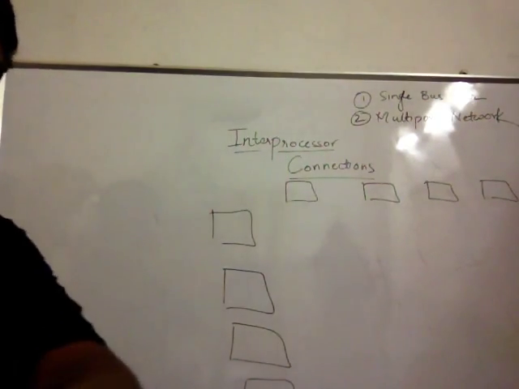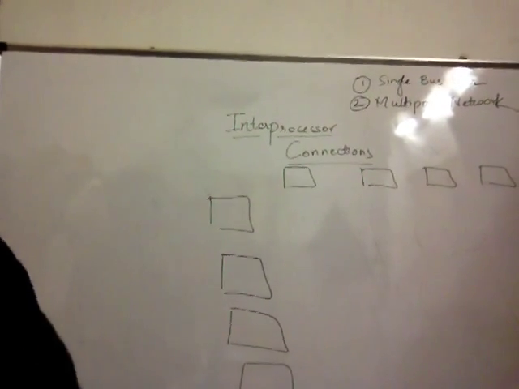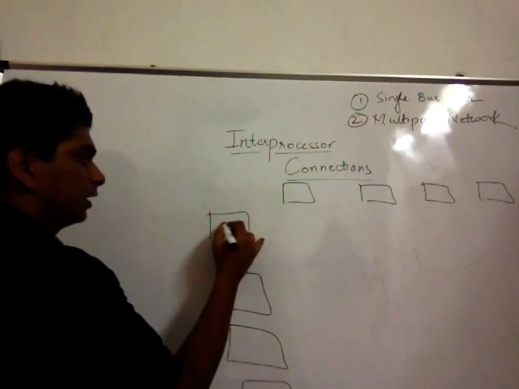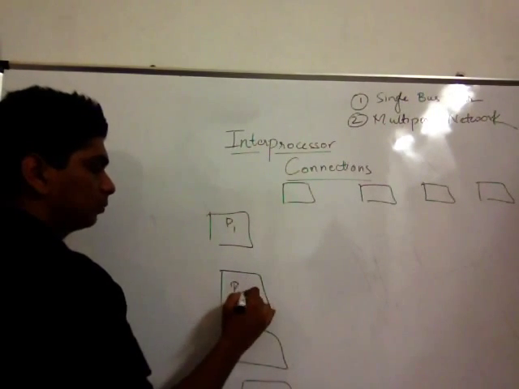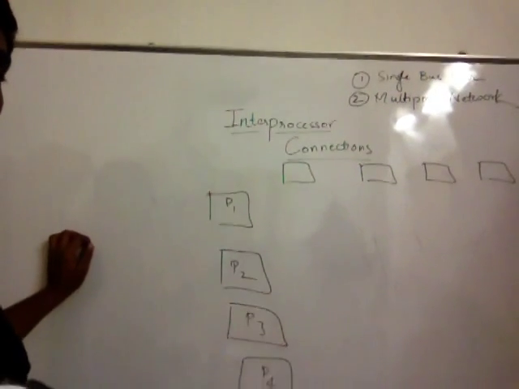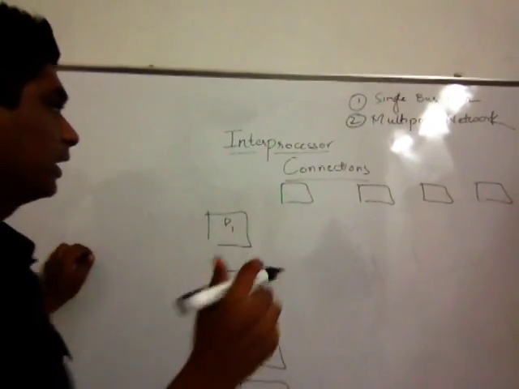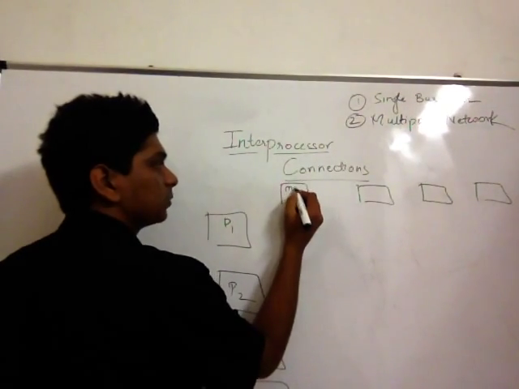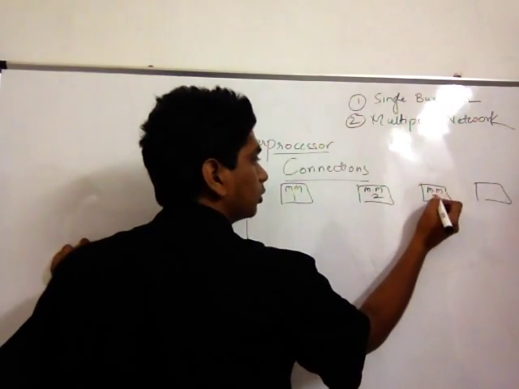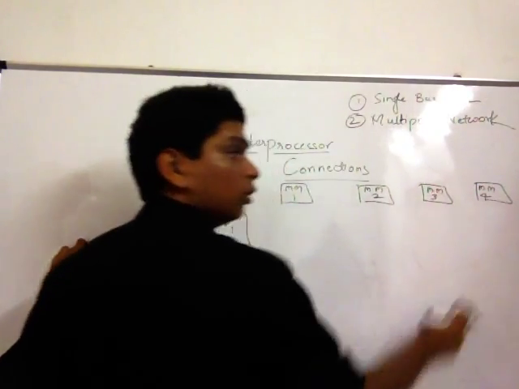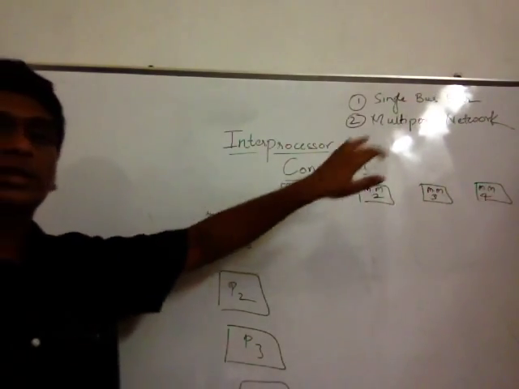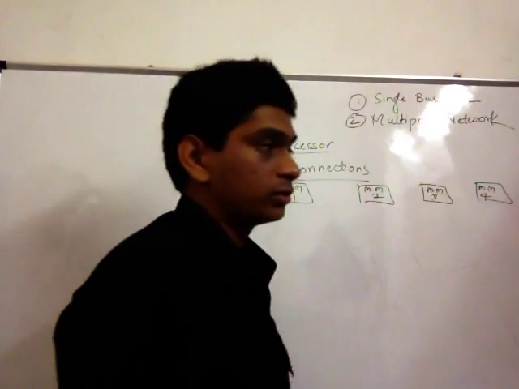Let me write this as P1, P2, P3, P4, which are my 4 processors, and these are my 4 memories: memory module 1, memory module 2, memory module 3, and memory module 4. So I have these 4 processors which I have to connect with their different memory modules.